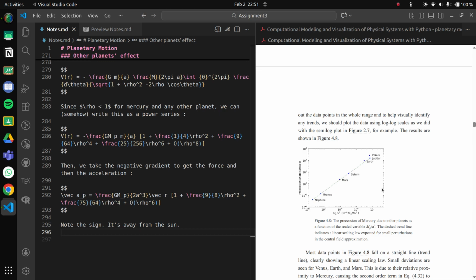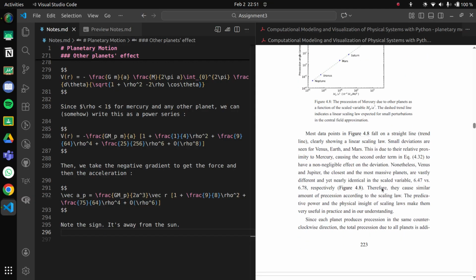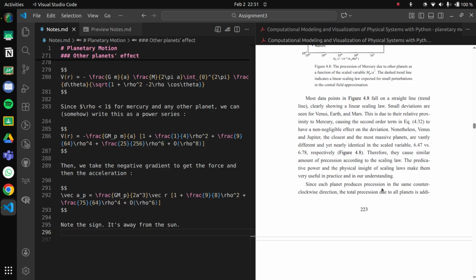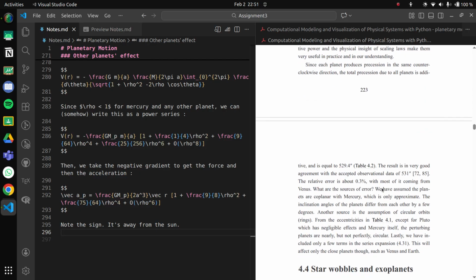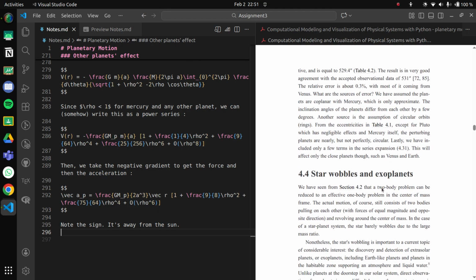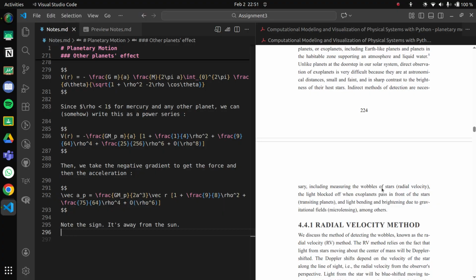So now it's mp by a cube and it's kind of linear. Okay, fine. So far it's just this Mercury stuff going on.